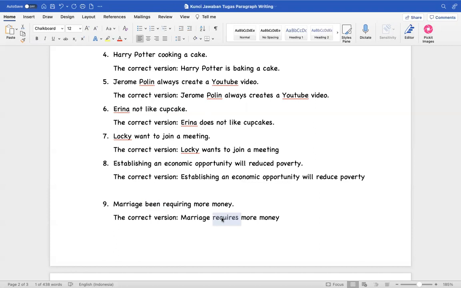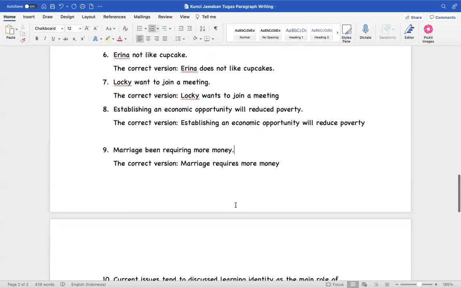Atau have been requiring more money juga bisa. Gitu. Jadi opportunity-nya banyak sih, nggak harus satu ini aja. Karena kalimat ini nggak ada keterangan waktunya. Jadi kalian open mau bikin ini jadi present tense, present perfect, atau past tense itu sangat bisa.